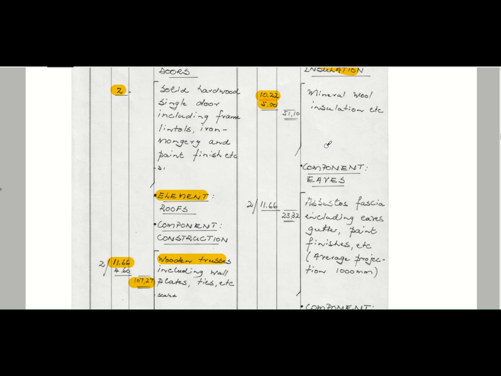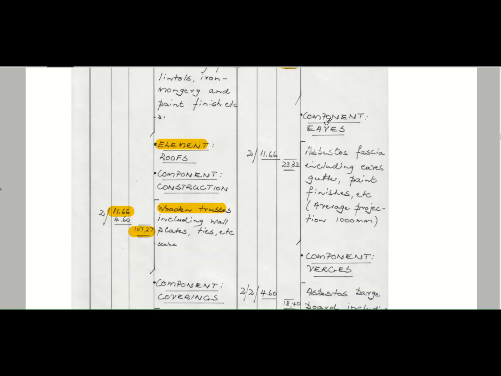Many of your houses or examples might have something else, so you don't necessarily have insulation separate. It will be included in your ceiling boards. For instance, if you've got Lambda board or Iso board or whatever, that will be the item that you use, so you don't necessarily have to measure insulation.